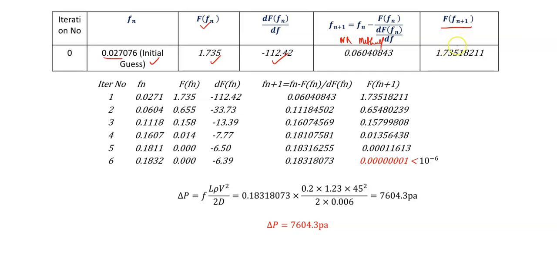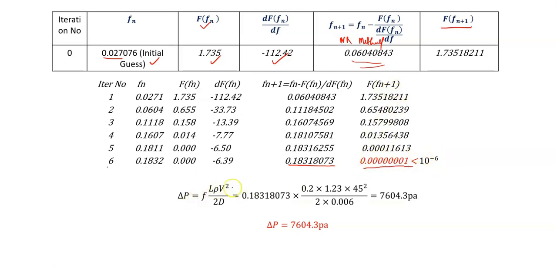So if that is satisfied, then we can say this is our friction factor. Now here I did several iterations, 6 iterations. So we found that after 6 iterations, the friction factor is 0.18318073, so that F of fn plus 1 is close to 10 to the power minus 6.